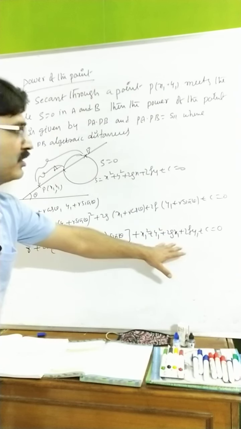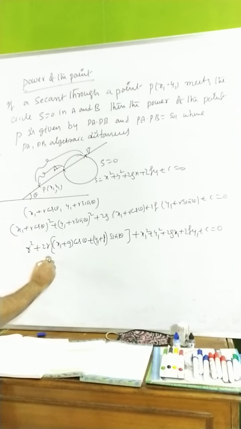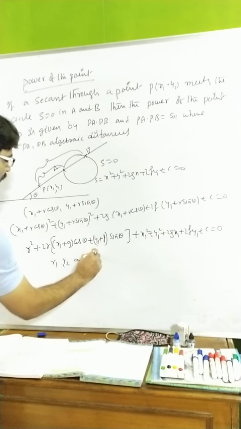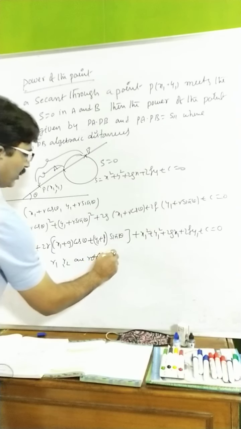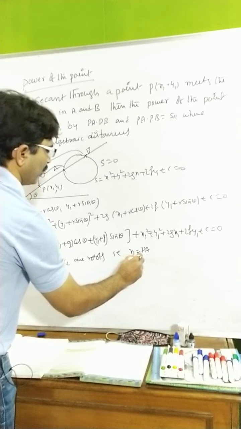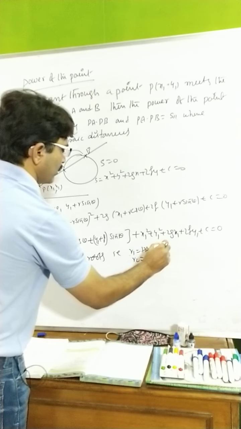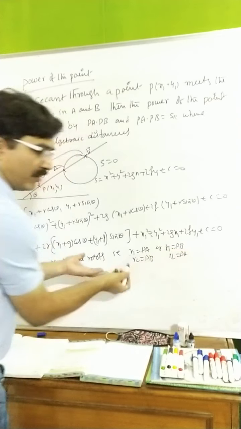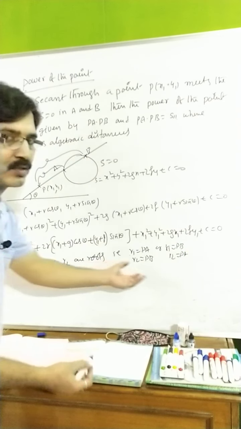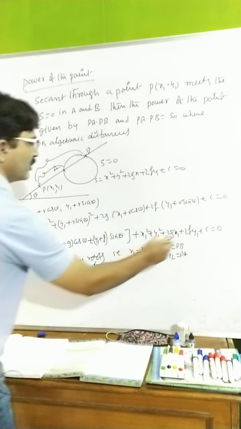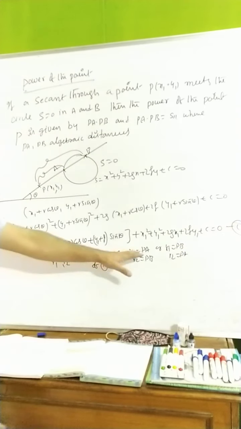Finally, suppose r1 and r2 are the roots, that is, r1 is equal to PA and r2 is equal to PB, or else r1 is equal to PB and r2 is equal to PA. You can take any one of these. I am considering the roots of this equation.